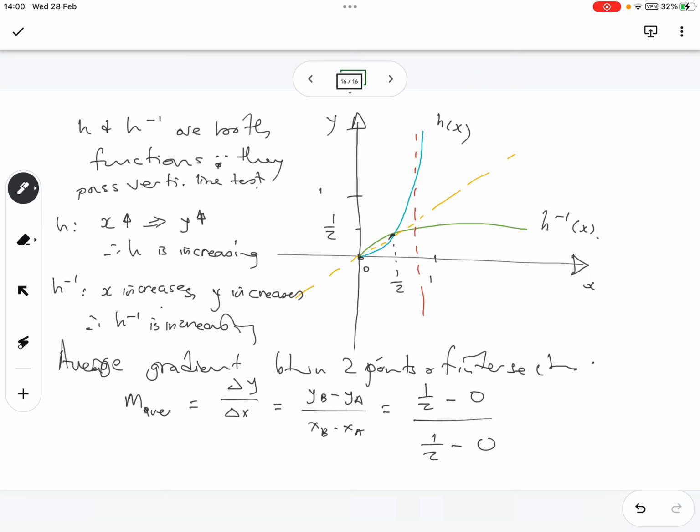That's a half minus 0 over half minus 0, and that gives us 1. And this is also for the inverse function.